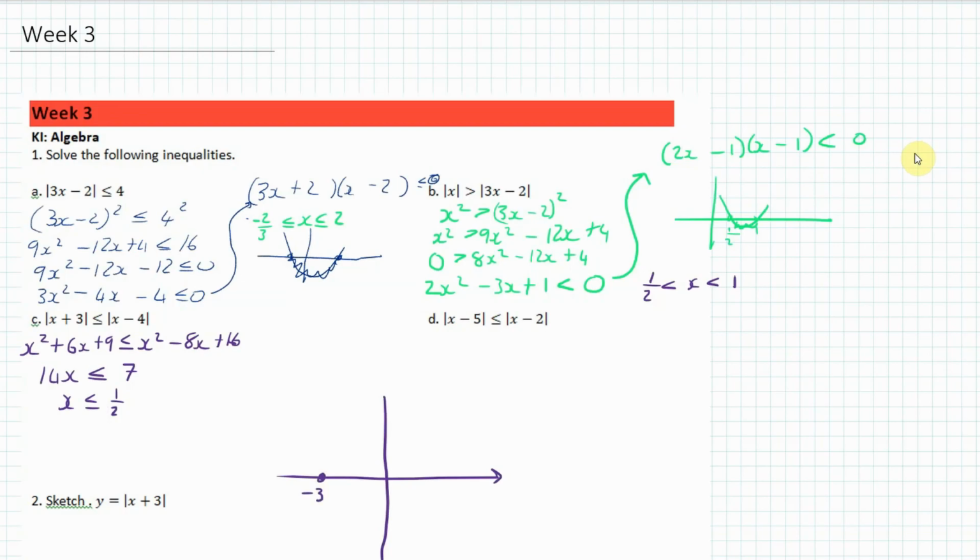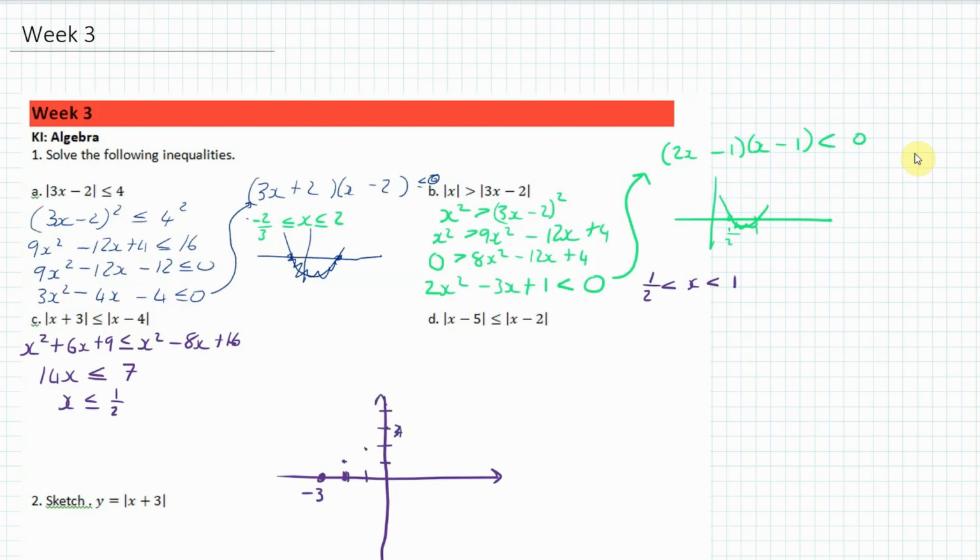And then every time you go across 1, so here's 2, minus 1, 0, you go up 1, because the gradient of the x here is 1. Okay, 2, 3, 4. That should be about there, shouldn't it really? So we'd be here, and we'd be here, and we'd be there. So it's going to cross the y-axis at 3.